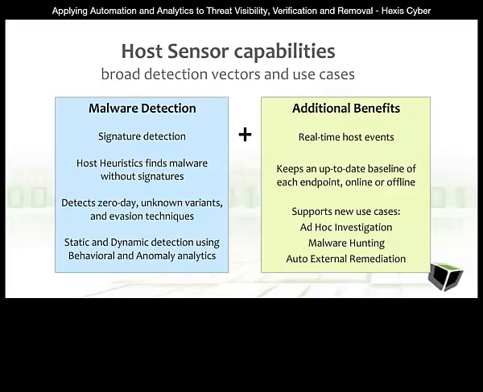That lets you do ad hoc investigation to support things like malware hunting, verification of infection spread, or maybe even to verify that users are running software that's not approved. So that real-time baseline gives you that up-to-date snapshot for hosts that are offline or online.